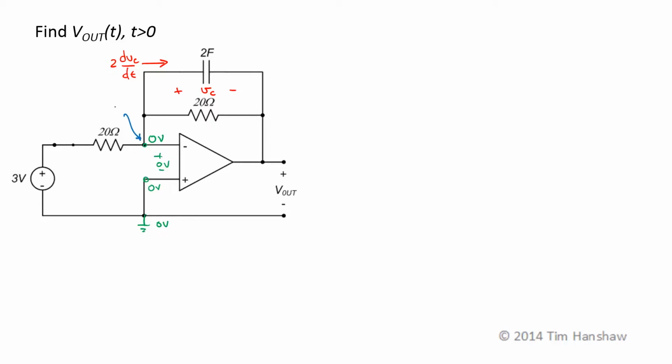If I call this node A, KCL at A says that the current through this 20 ohm resistor is 0 volts minus 3 volts over 20 ohms, plus the current through the capacitor is just 2 dVc by dt, plus the current through this resistor is going to be this voltage V sub C divided by 20 ohms. That sums to 0.